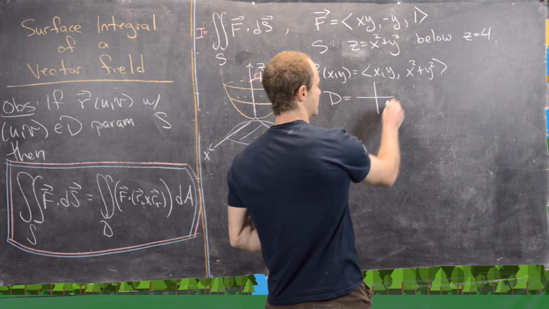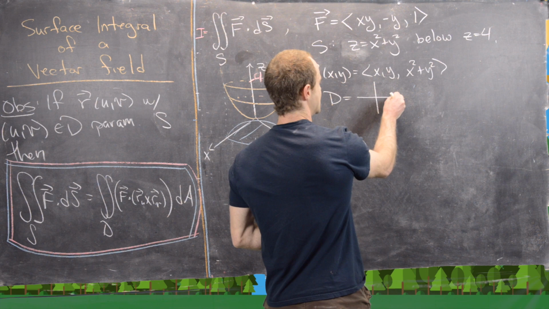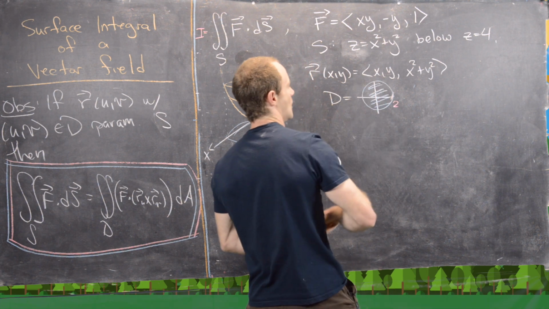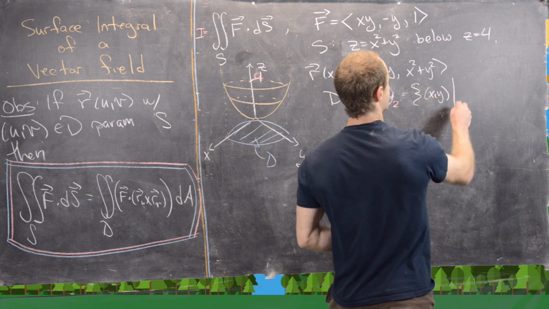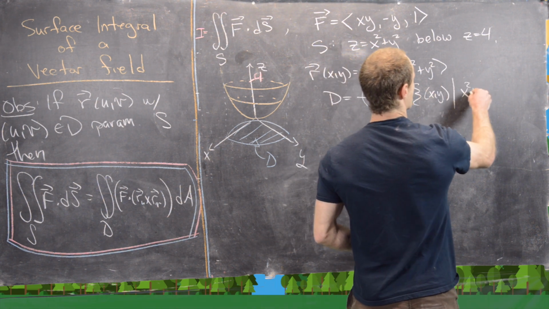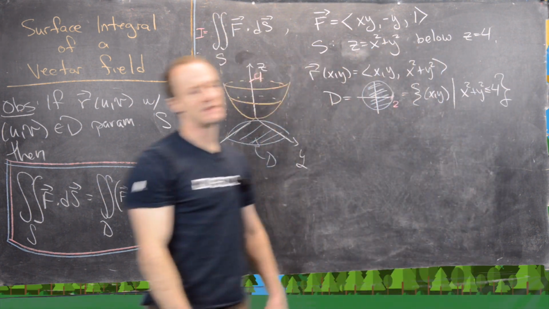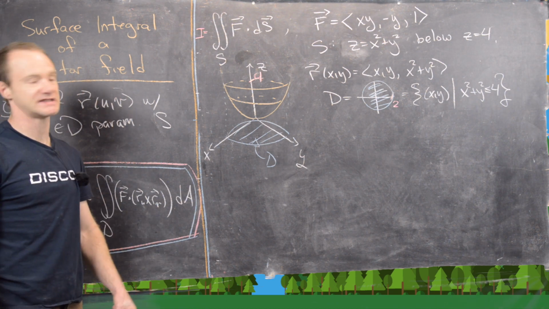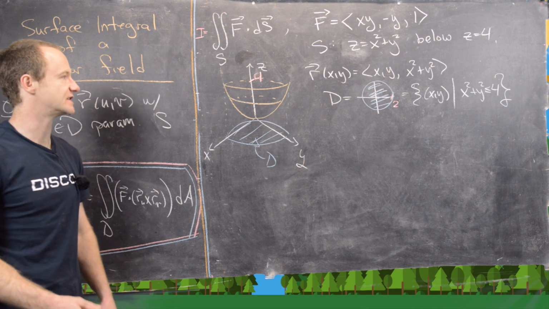I'll go ahead and put a 2 here, and this is going to be a disk of radius 2. Or we could write this in set form as (x,y) such that x squared plus y squared is less than or equal to 4. That just screams to use polar coordinates later, which we might do if it seems advantageous at the time, but I'd say it probably does seem advantageous.